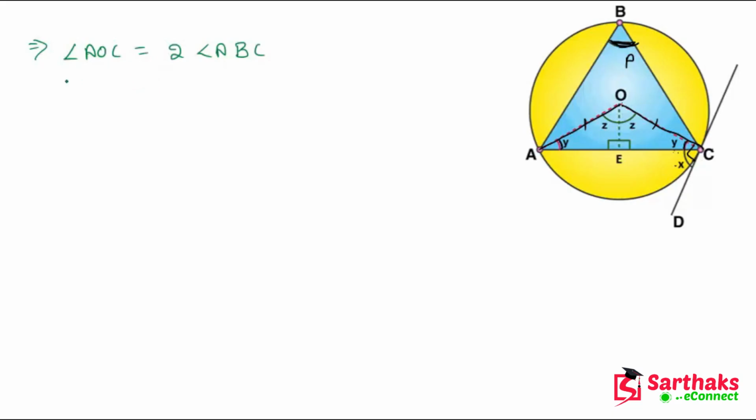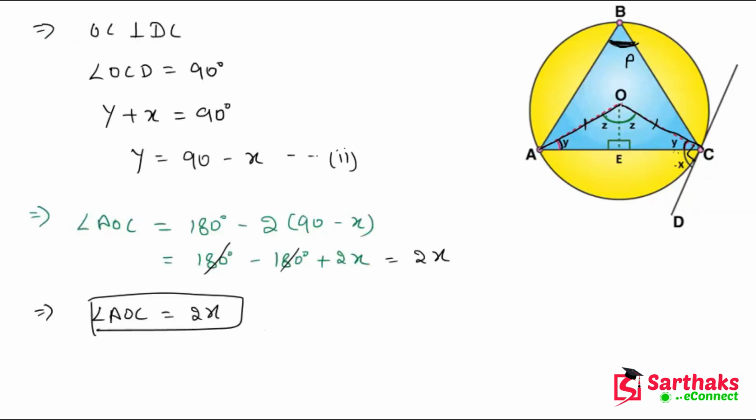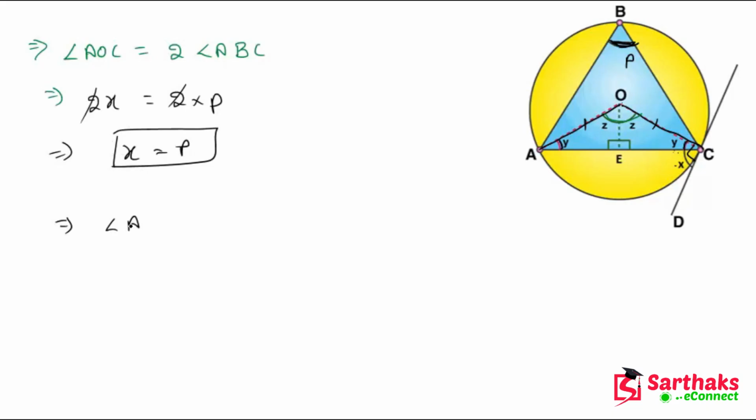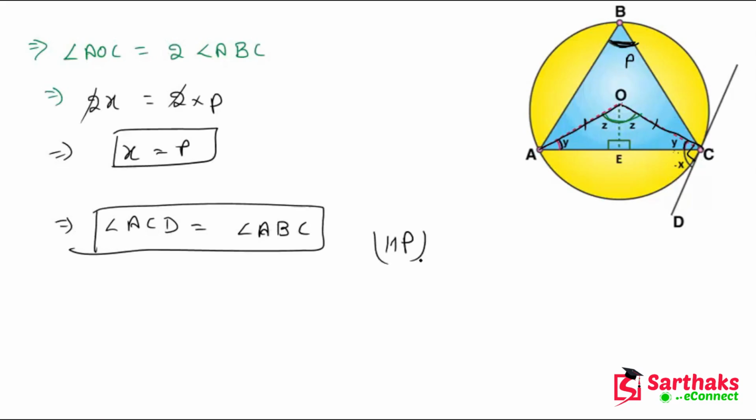So now you have to learn that angle AOC is twice this angle. Angle AOC is twice X, and angle ABC is P. The 2 and 2 cancel, so we get X is equal to P. From this we can say that angle ACD is equal to angle ABC. Hence proved.